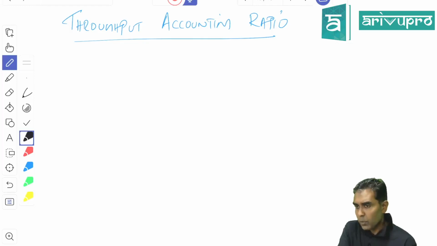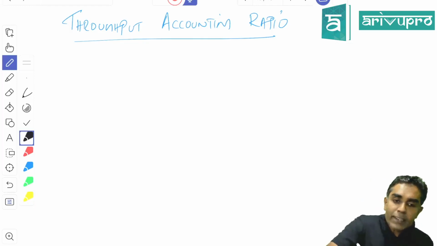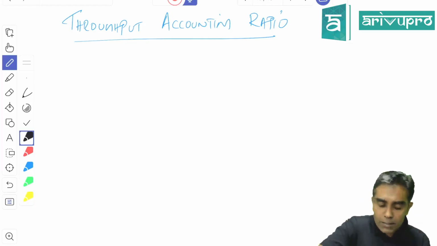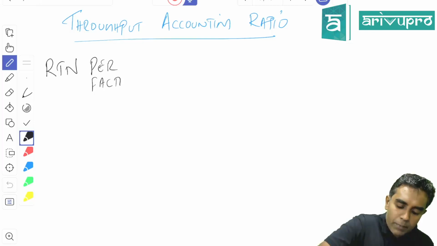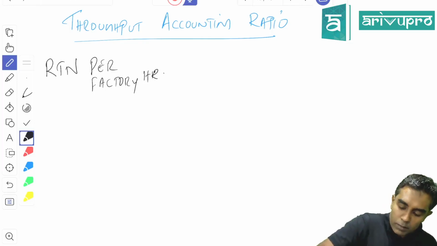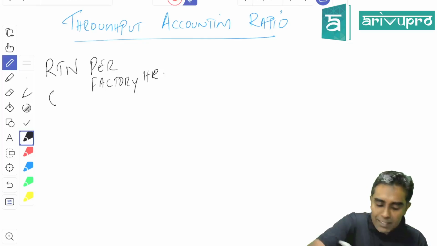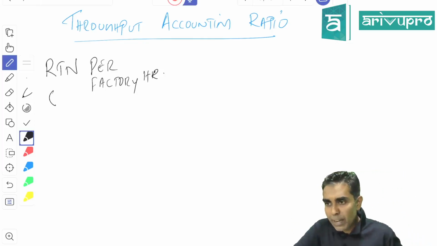There are three ratios that we are going to calculate. One is return per factory hour. First ratio, return per factory hour. Another name for this, in some books, but this is the way I write and explain, I call it return.